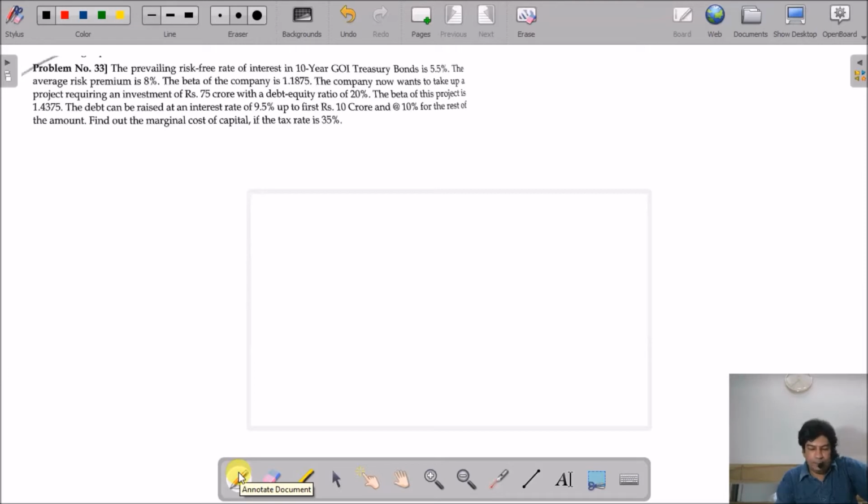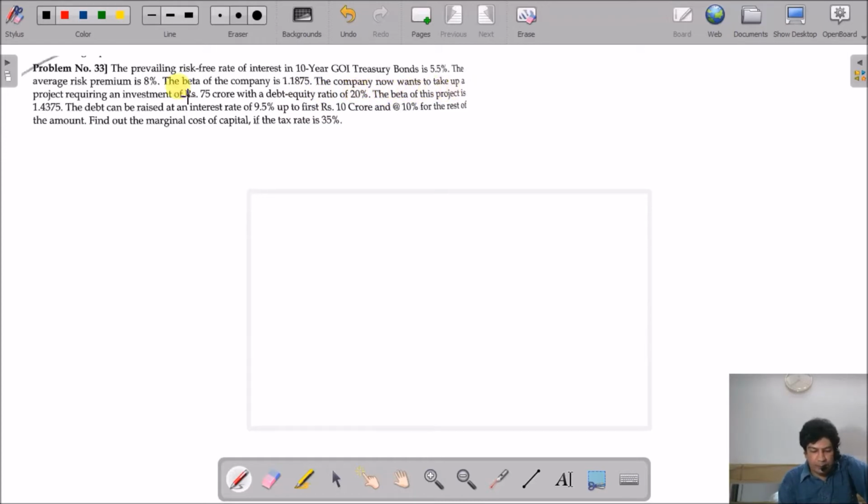The prevailing risk-free rate of interest in 10-year Government of India Treasury bond is 5.5%. The average risk premium is 8%. The beta of the company is 1.1875. The company now wants to take up a project requiring an investment of 75 crores with a debt equity ratio of 20%.